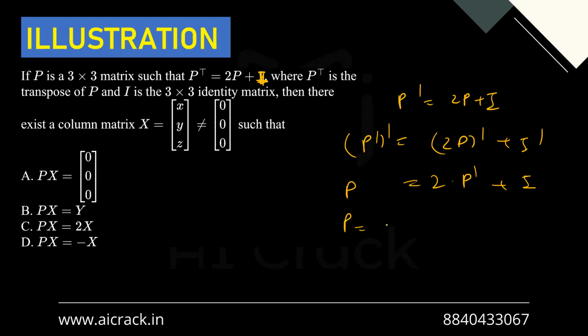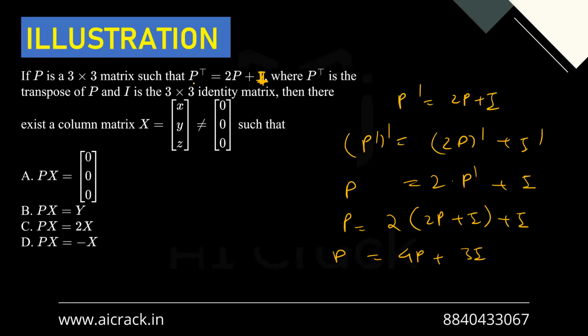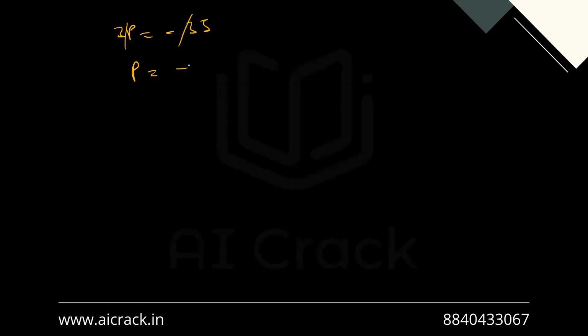I'll be getting P equals 2 times 2P plus I, right? So this would become 4P plus 2I plus I, that would become 3I. Now I'll be getting 3P equals minus 3I. 3 gets cancelled. P equals minus I.